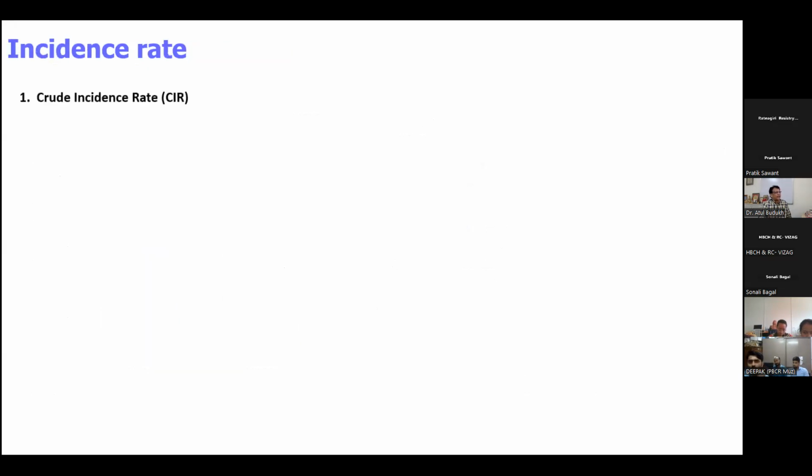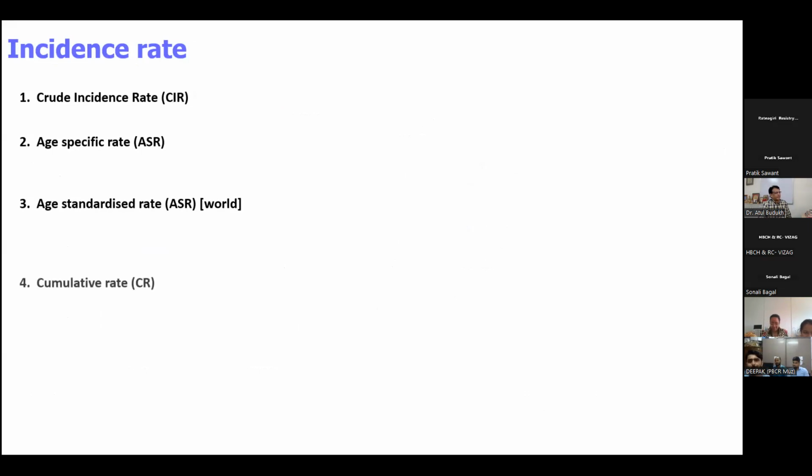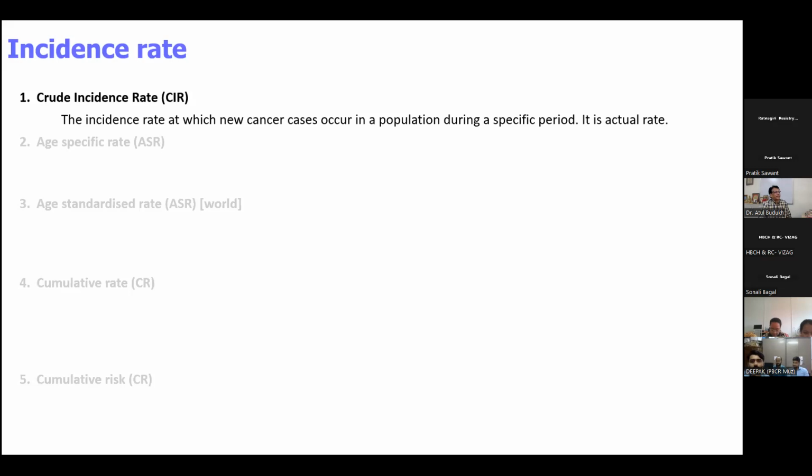Incidence rate: crude incidence rate, age-specific rate, age-standardized rate, which is also called the age-adjusted rate, cumulative rate, cumulative risk. What is the incidence rate? The rate at which new cancer cases occur in a population during a specific period.